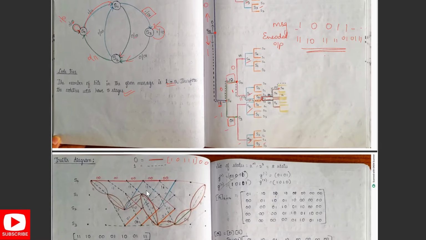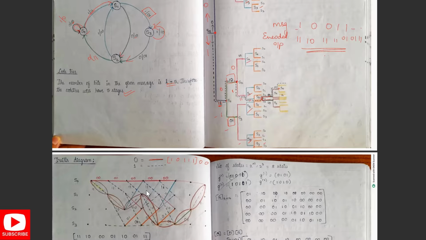So first, let's start. Write down the stages first: S0, S1, S2, S3. Firstly, S0. S0 is mapped to what? One to 0 and another to 1. Firstly, we will map 0 as a straight line, marked as 0, 0.